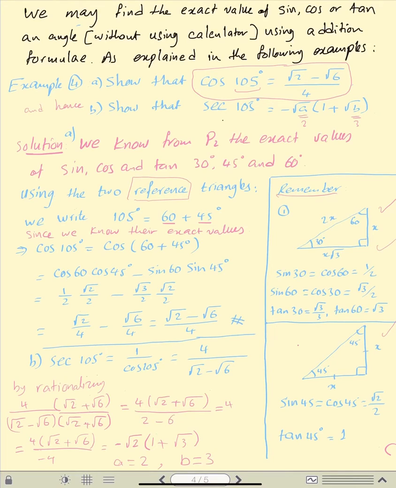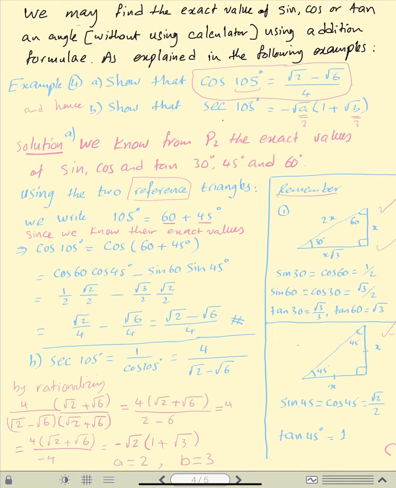These two triangles: 30, 60, 90, and the isosceles one, the 45, 45. This is the main diagram, the main form for the reference triangle. If this side is x and this is 2x, these are the ratios, these are the values of the sides.